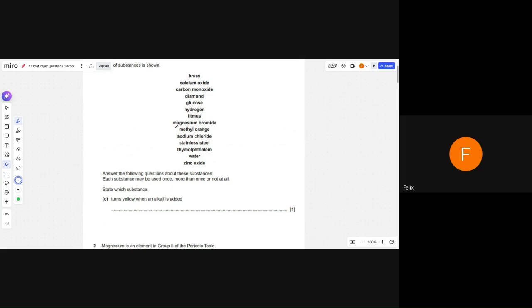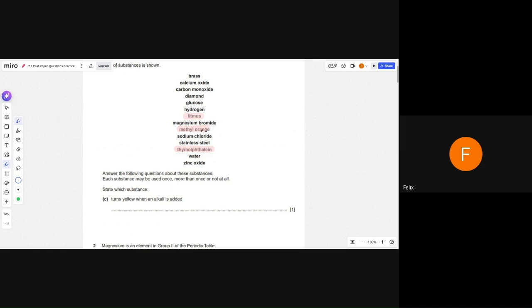We have litmus in this list, methyl orange, and thymolphthalein. These are the 3 indicators included in your syllabus. This is a memory based question, so you must memorize the color change that these indicators will have upon coming in contact with an acid or an alkali.